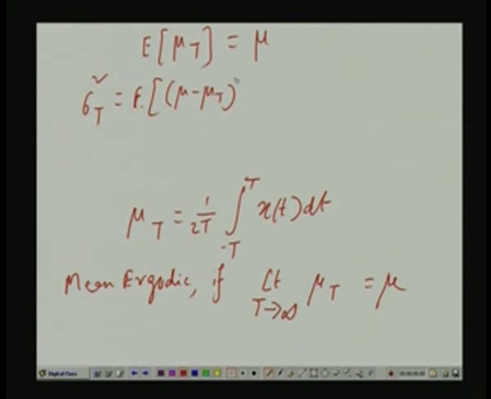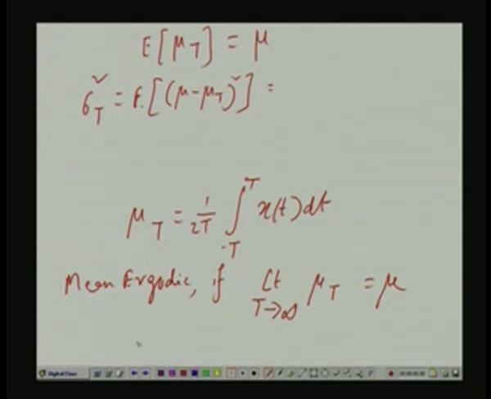I am taking the all-real case, so there is no point in putting a mod, because I am taking a square. What is mu minus mu T, by the way?